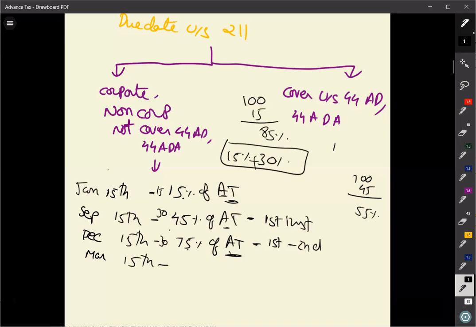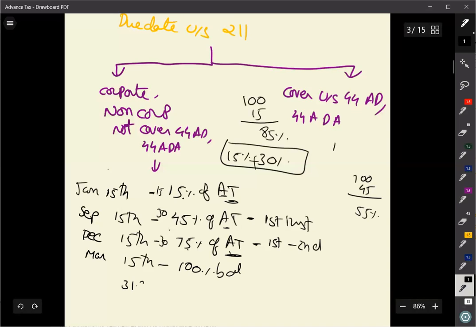Now, finally, on or before 15th March, the balance, total 100%, has to be paid. So the due date for the last quarter is on or before 15th March, but the Act says even if paid on 31st March, it is deemed to be paid on 15th March only.